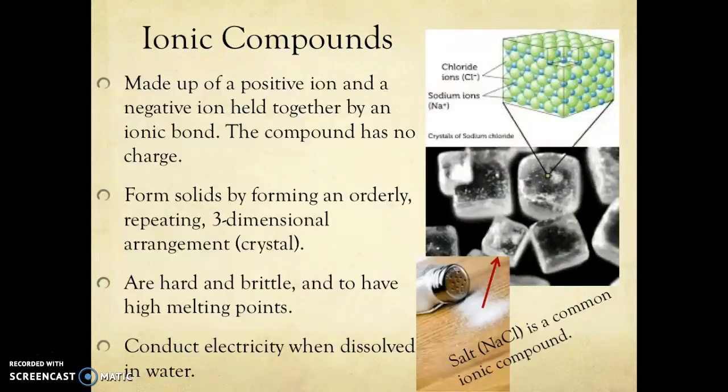So in that picture, you've got all of those atoms, ions, compounds packed very closely together. Ionic compounds are hard, they're brittle, they also have very high melting points, so that means they need to be at a high temperature in order to melt. Also, when you dissolve them into water, they conduct electricity.